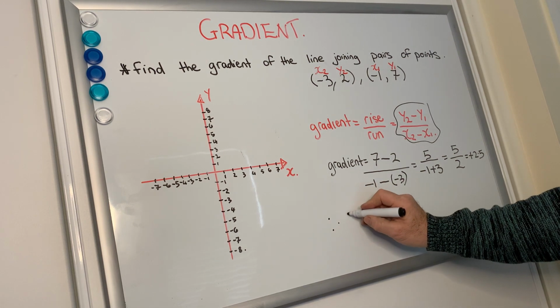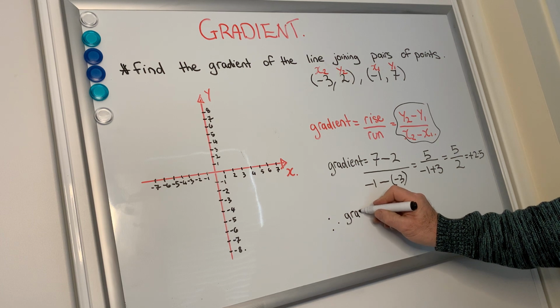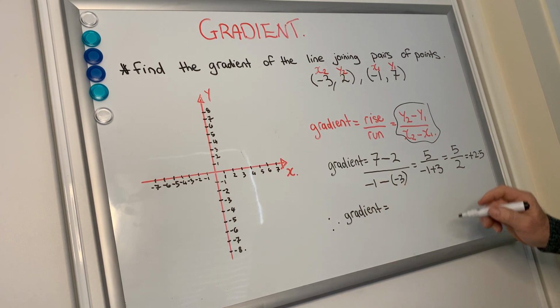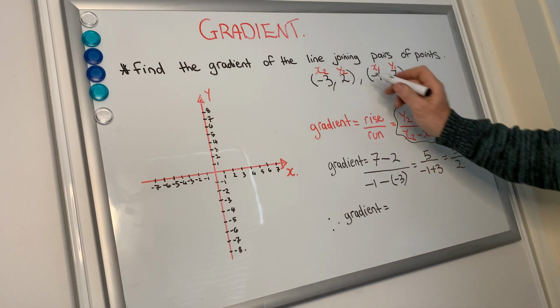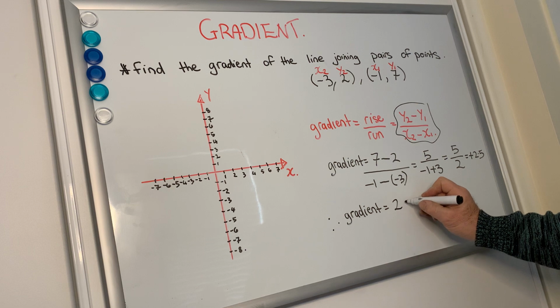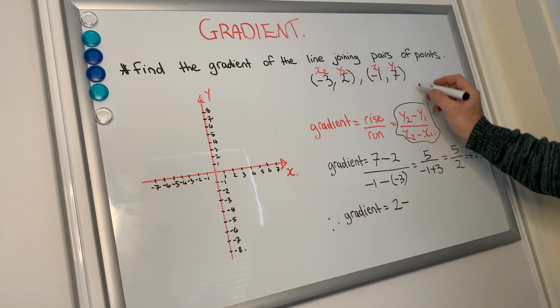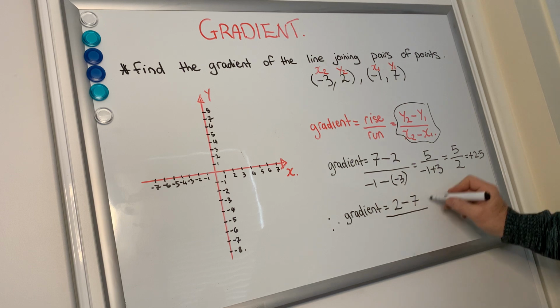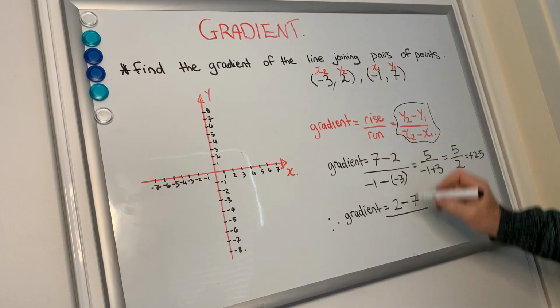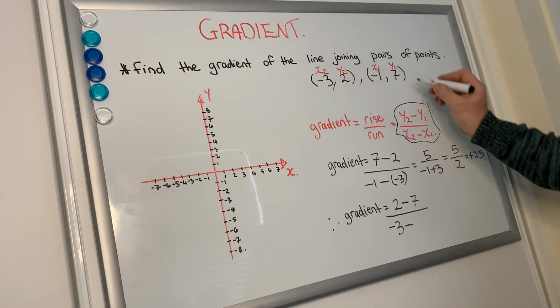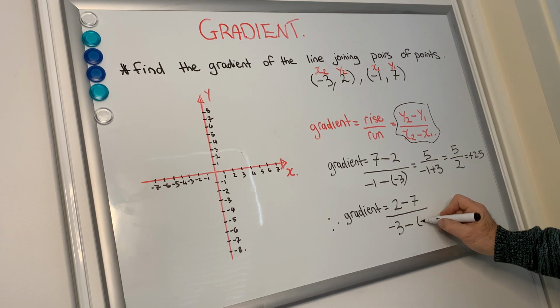Therefore, gradient is equal to y2, which is 2, take away y1, which is 7, divided by x2, which is minus 3, minus x1, which is minus 1.